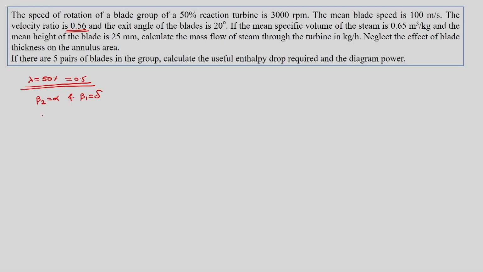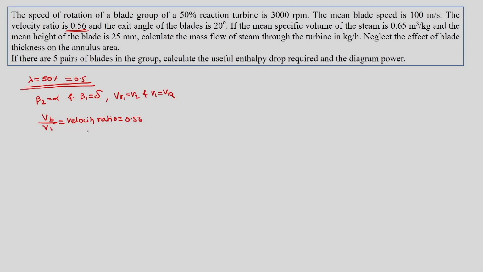This is the new thing, which is VB upon V1, the velocity ratio, and that is given as 0.56. Further, for 50% reaction, we have VR1 is equal to V2 and V1 is equal to VR2.